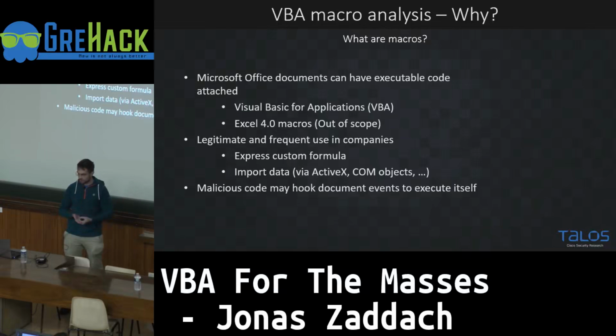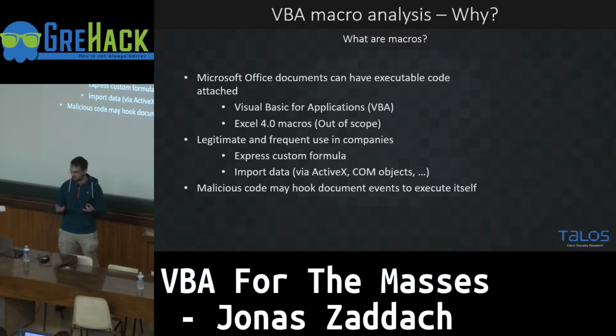And this is actually wanted, and I think this ambiguity between not having macros because they can contain malicious code and the legitimate use is carried in this small yellow bar that Microsoft shows when you open a document with macros, which asks, do you really want to run them? Because normally you don't want to run macros that come from the internet, but if you click yes, then you still have the ability to run macros. And malicious code might use hooks to automatically execute itself just when you open a document, when you click a cell, and so on.